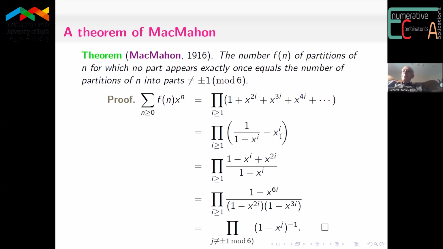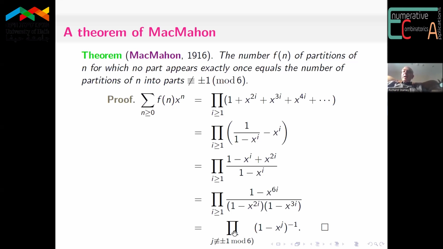And we can rewrite it, put it over a common denominator, and then rewrite it in this form. Then we see when we expand this product in the denominator, we're going to have all the multiples of 2 as exponents, all the multiples of 3, but the multiples of 6 will appear twice, once as a multiple of 2, once as a multiple of 3, but one of those will be canceled out by the numerator.